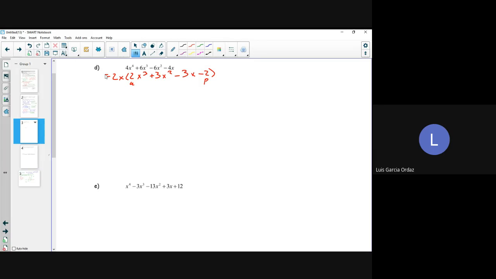So we have our factors of P, which is plus minus 1, plus and minus 2. The factors of Q, which is plus minus 1, plus minus 2. And P over Q, which just gives you back P, and plus and minus 1 over 2.